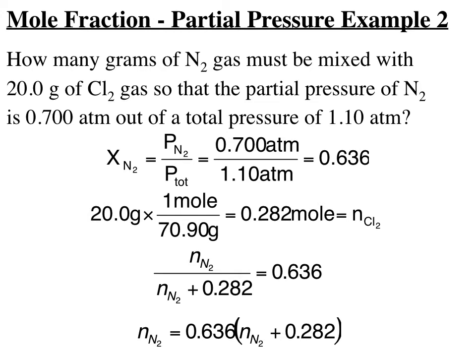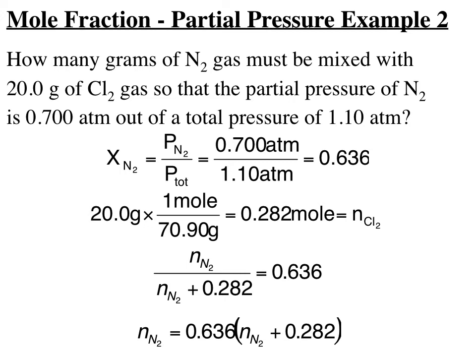Now, what I can then do is use this to solve what the mass of N2 must be to make that mole fraction. So first, I know that I had 20 grams of Cl2 in there. And by dividing by the molar mass of Cl2, I find I had 0.282 moles of Cl2. So I now know also that the mole fraction being 0.636 is equal to the moles of N2 divided by the total moles, or the moles of N2 divided by the moles of N2 plus 0.282.